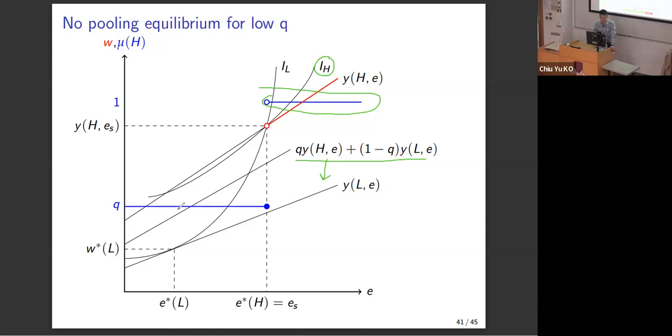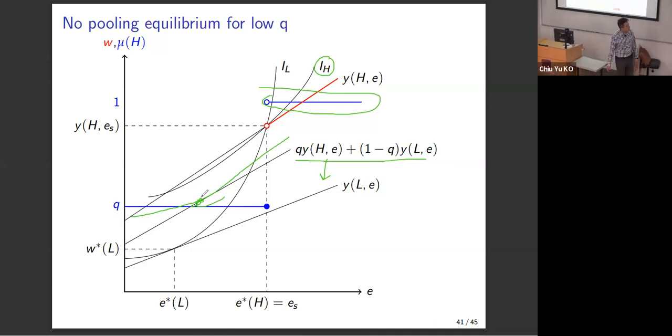There's no way he will choose the pooling equilibrium, because pooling is somewhere here. So the firm should not have Q when it's here. You should have 0, because it's dominated for the high type to choose the pooling outcome.